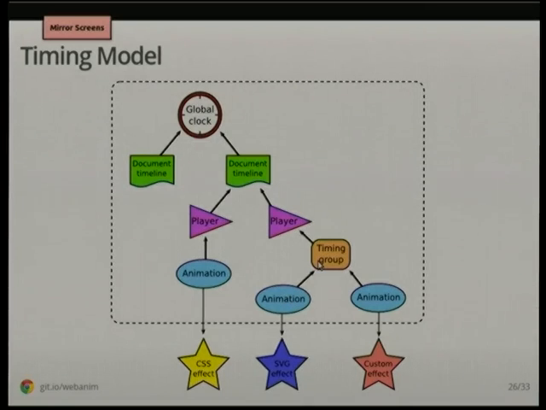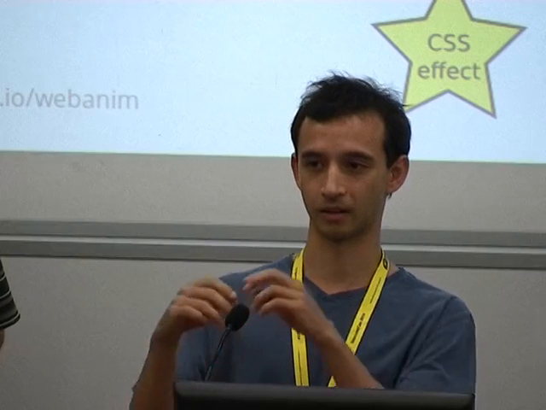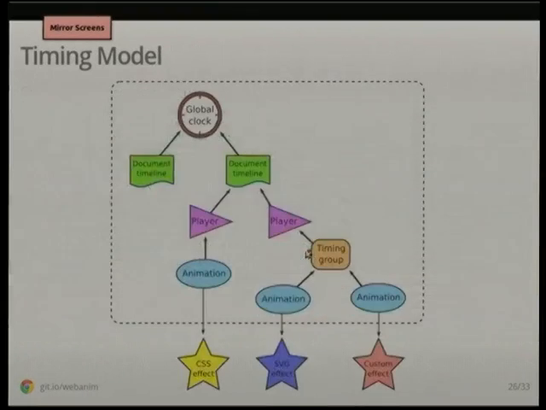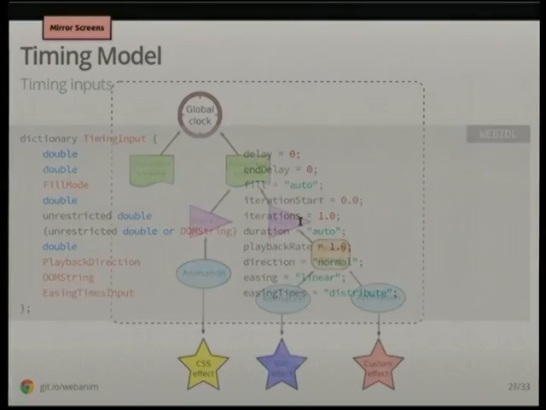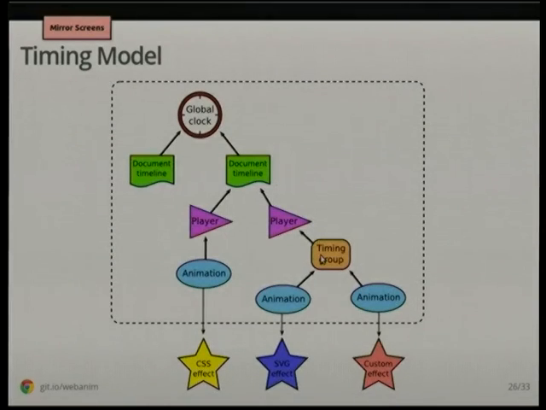So this is the whole nesting, how you can group them and nest them indefinitely. They always look to their parent to say, what is their parent's time? And then manipulate that based on these timing inputs. So whether it had a duration, whether the playback rate was set to something other than 1, and the direction and how many iterations, all that transformation of the time occurs based on what your parent's time is.